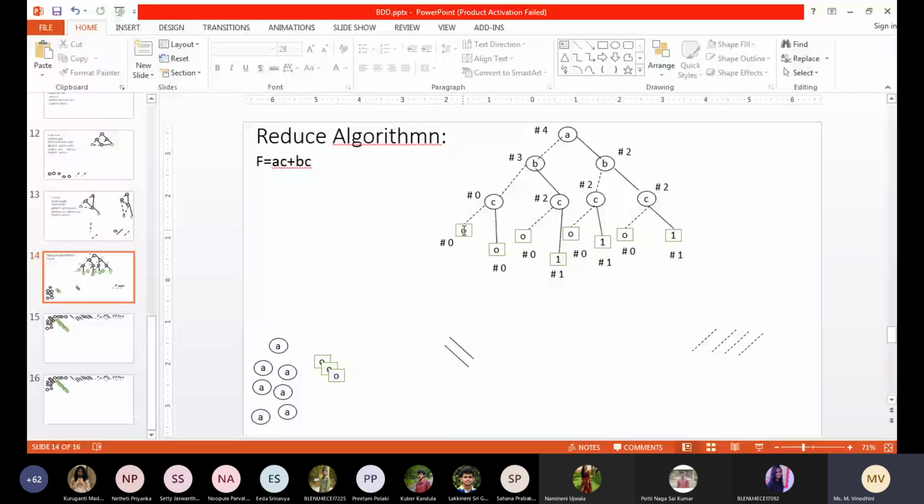Since all three are 0, all are the same, I can remove this. And next, if you look at this C, 2, 0, 1. This C also 2, 0, 1. This C also 2, 0, 1. All are the same. So this is how we have to do.